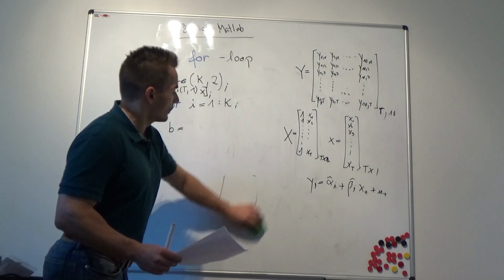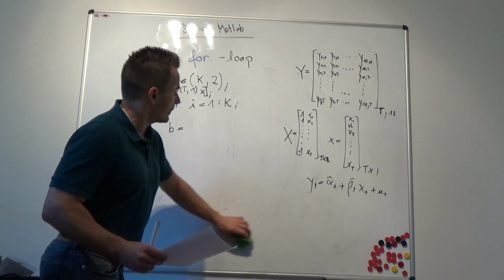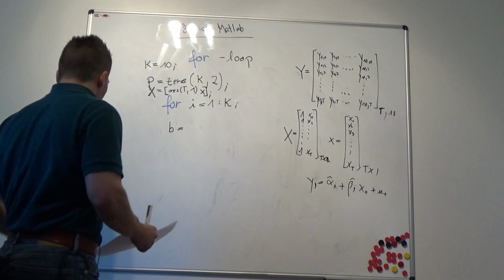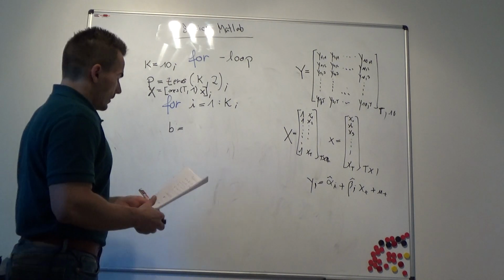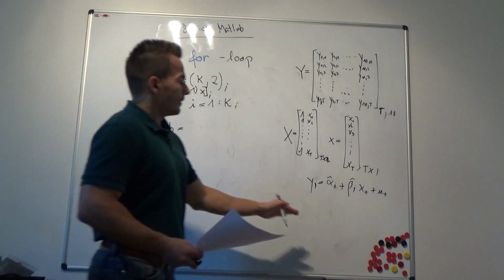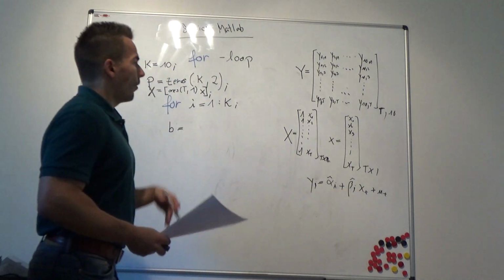There are also other ways to do it. We can also define it in the for loop. It's a matter of taste, but the X matrix is always the same for all of our stocks.